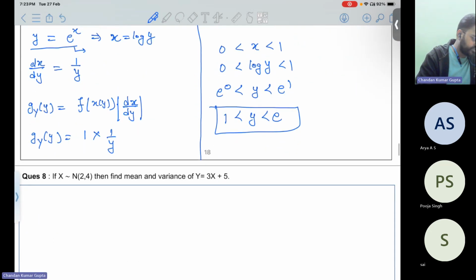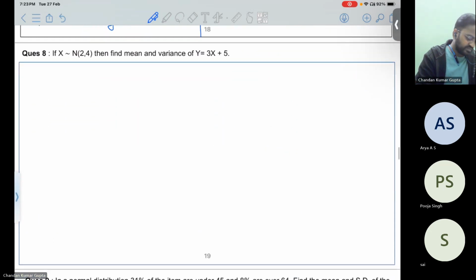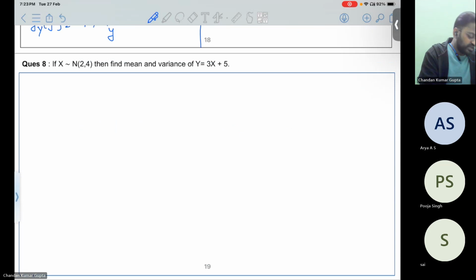Okay. Now next question. The next question is, if x is a normal random variable with mean 2 and variance 4, then find the mean and variance of y equal to 3x plus 5.